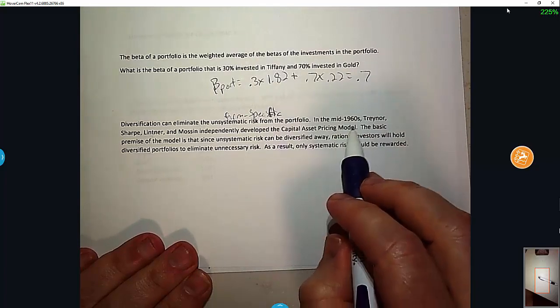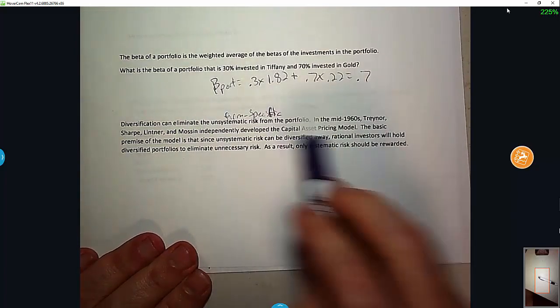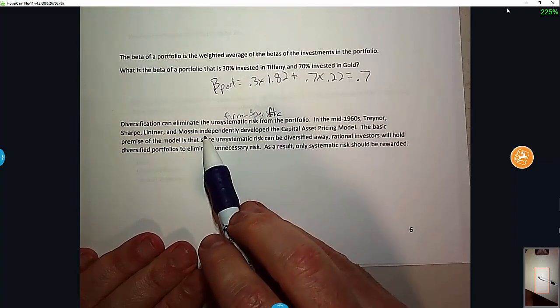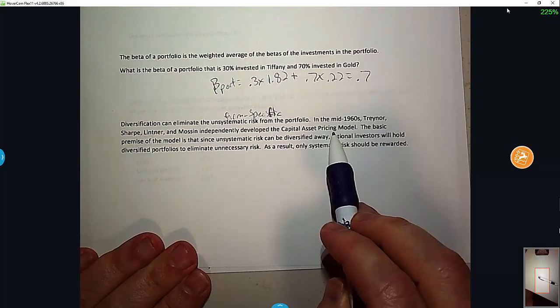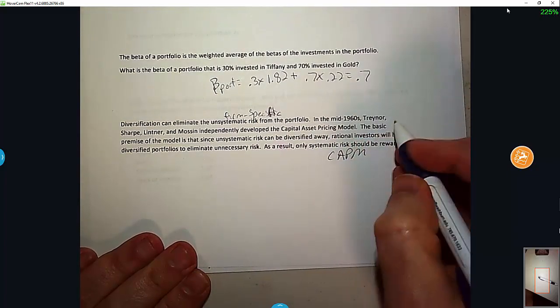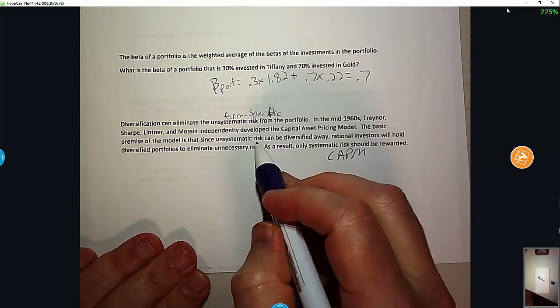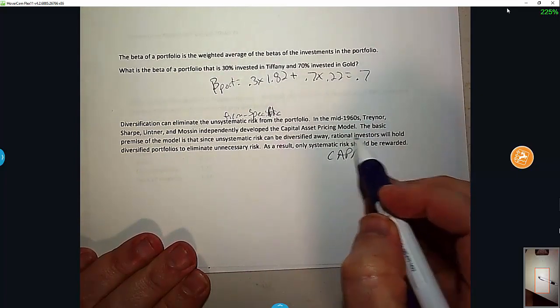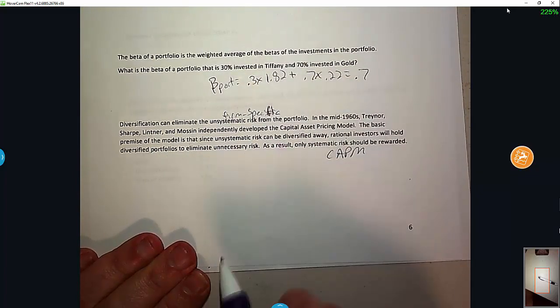In the mid-1960s, Treynor, Sharpe, Lintner, and Mossin, four different researchers, economists, independently developed the capital asset pricing model, or CAPM. The basic premise of the model is that since unsystematic risk can be diversified away, rational investors will hold diversified portfolios to eliminate unnecessary risk.